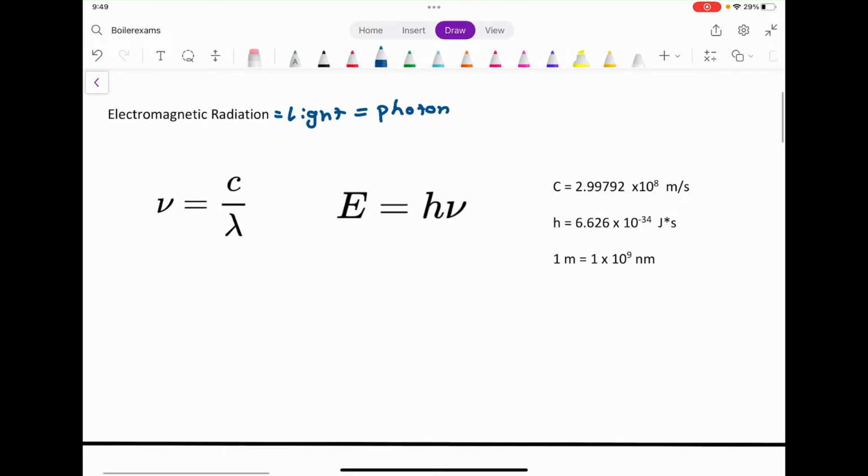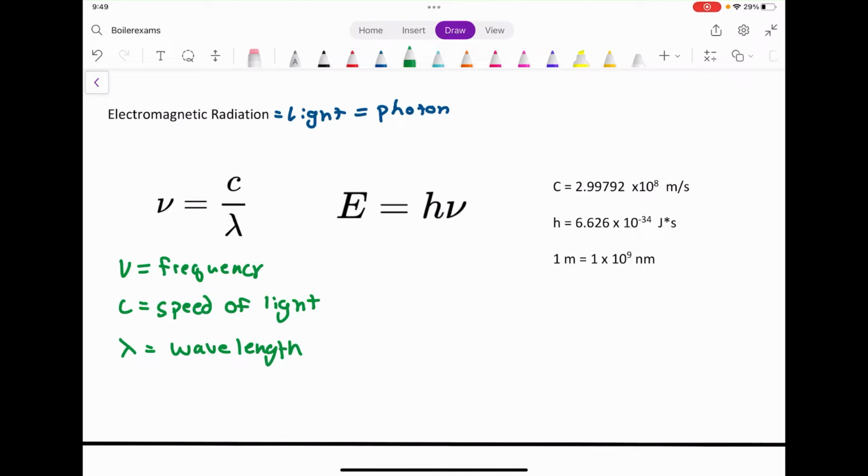So the first skill we're going to need is to use these two equations in front of us. They're pretty simple in the math. For this first one, we have nu, which is the frequency. We have c, which is the speed of light in a vacuum. And then we also have lambda, which is the wavelength.